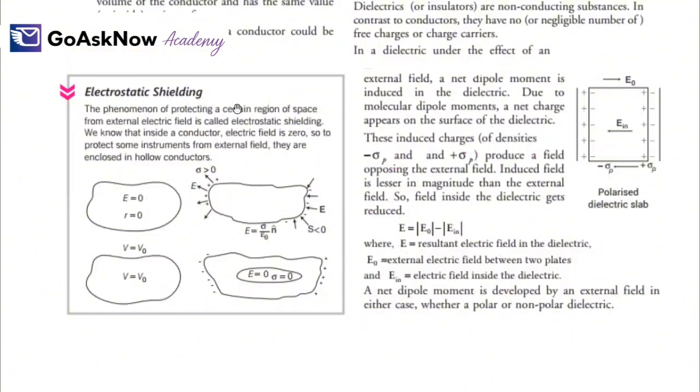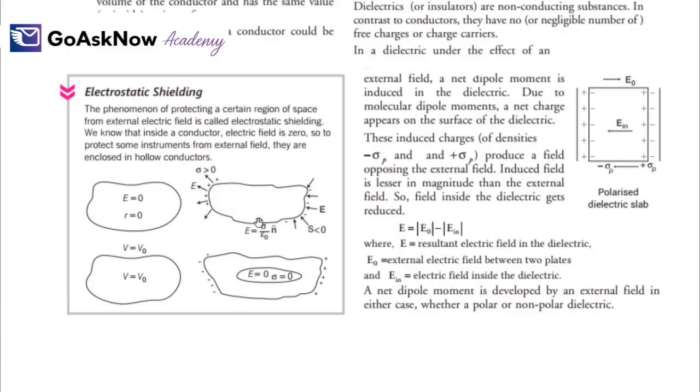Here it is also written what is electrostatic shielding. The phenomenon of protecting a certain region of space from external electric field is called what? Electrostatic shielding. We know that inside a conductor electric field is zero. So to protect some instruments from external field, they are enclosed in hollow conductors.